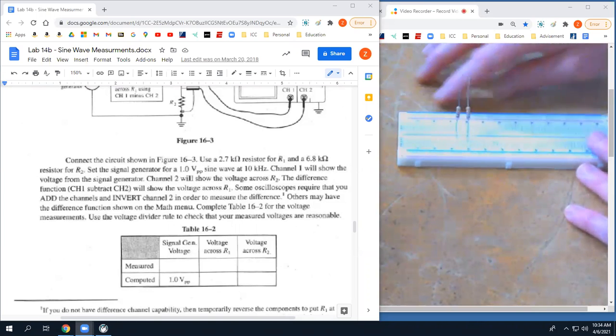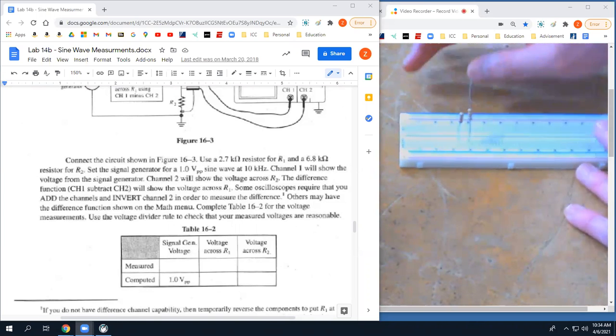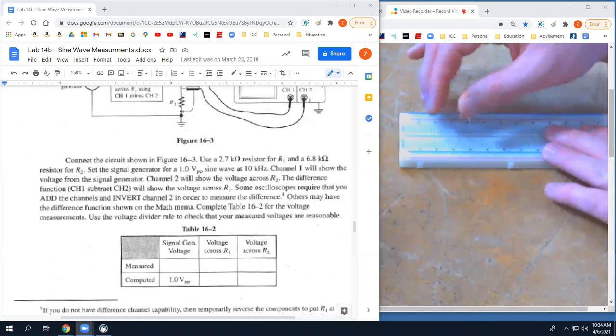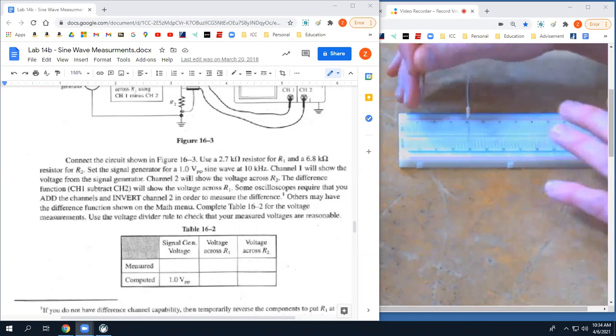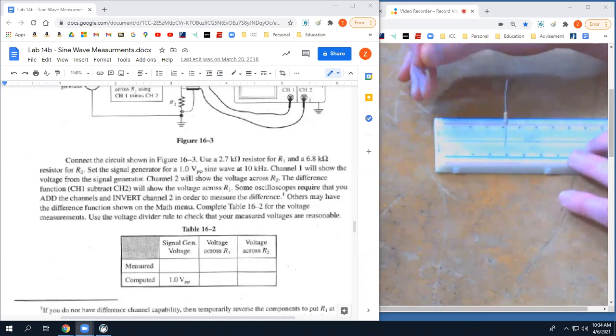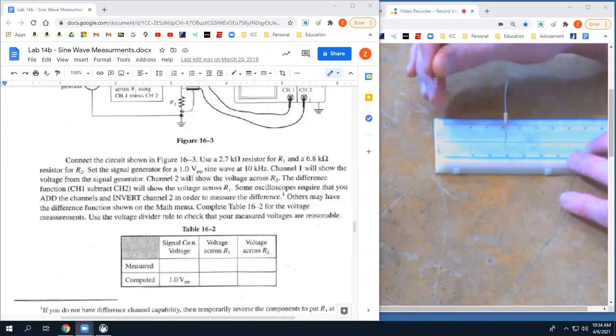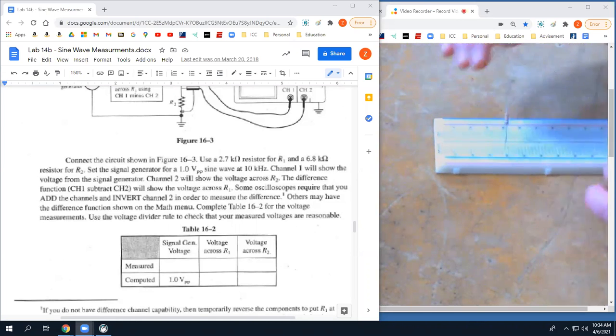Okay, so I just need to put two resistors in series with each other is all I need to do. So R1, what is R1?